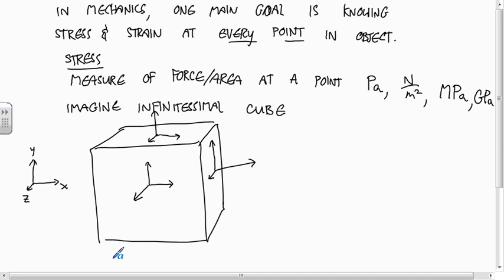And in order for this to be in equilibrium, not to rotate and not to accelerate, you need to have equal and opposite things happening on all of the parallel faces. So, for example, if this is the component in the y direction acting on the x face, like the face that, so imagine the coordinate system in the center of this cube.